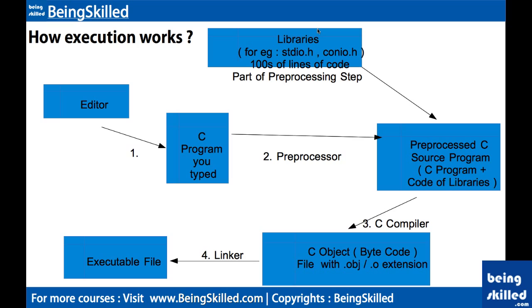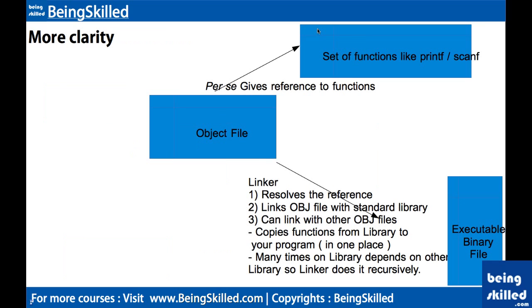So the linker basically brings in the referenced code of different functions and compiles it into a single file, and then an executable file is formed. So let's learn about it. The object file per se gives references to functions.